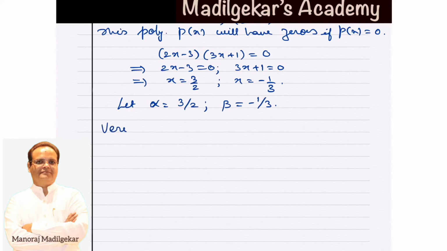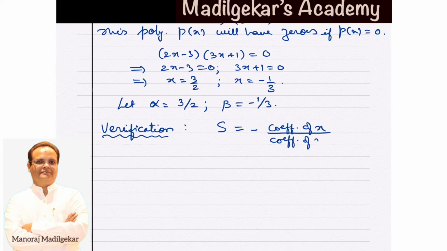Next is verification. Let's verify first the sum. Sum is minus of coefficient of x upon coefficient of x square. So alpha plus beta is minus b upon a.